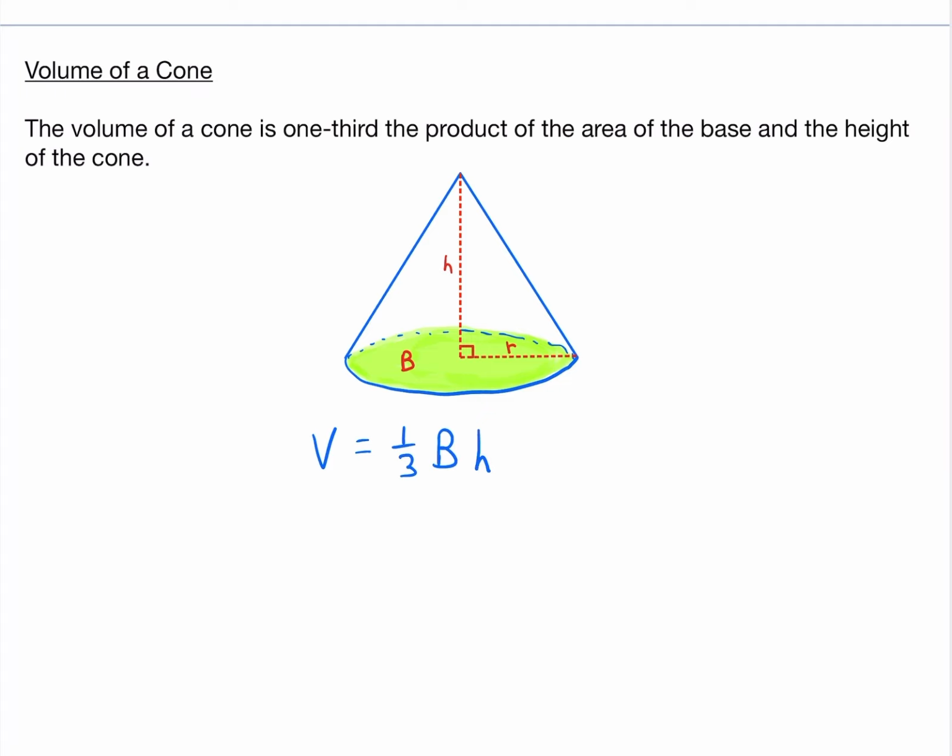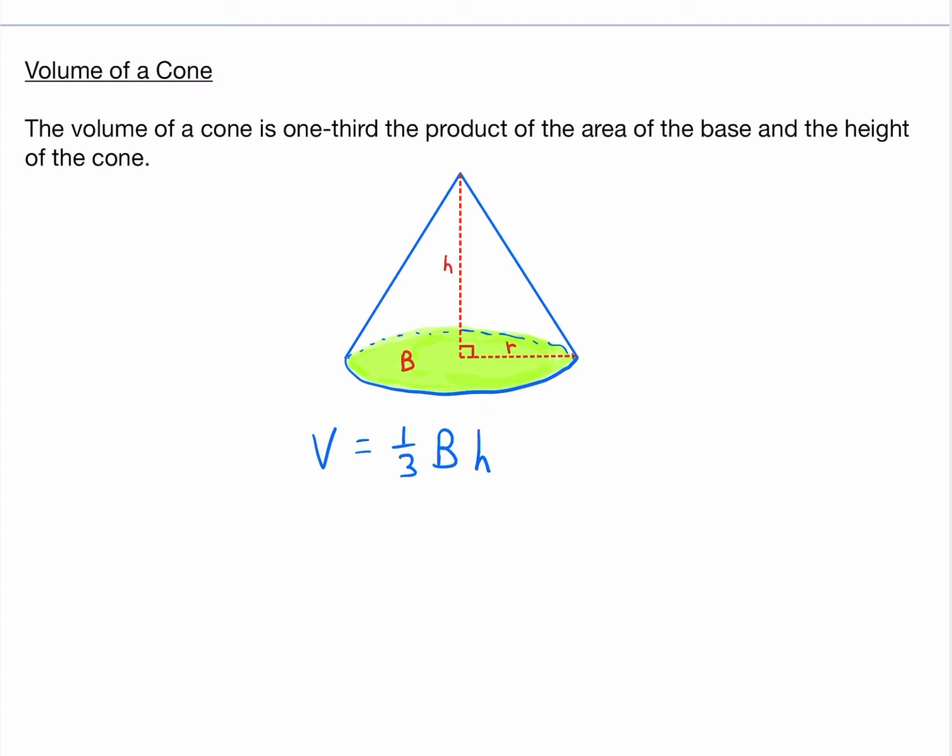Okay, so what you'll notice is that whether you're talking about the volume of a cone or the volume of a pyramid, we need to take into account the area of the base, and that's the same in both scenarios. We also need to take into account the height of both figures, and then we take 1/3 of that.